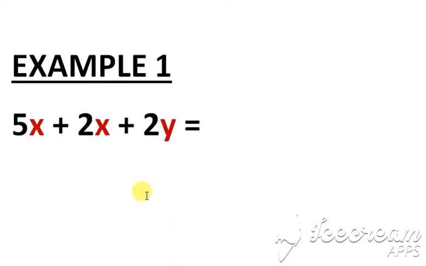Now let's look at example 1. Example 1 says 5x plus 2x plus 2y. Now let's look at this. 5x plus 2x, they both have the same variable, so we can add these two numbers together. So we have 5 plus 2, which is equal to what? 7.